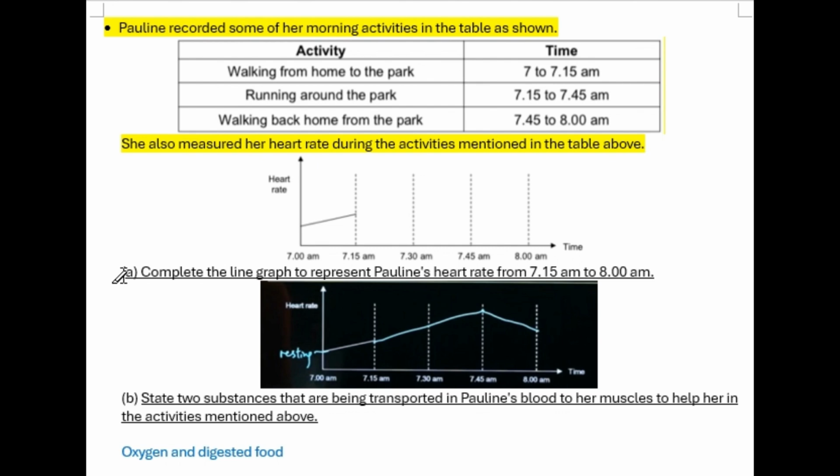A. Complete the line graph to represent Pauline's heart rate from 7:15 a.m. to 8 o'clock a.m. B. State 2 substances that are being transported in Pauline's blood to her muscles to help her in the activities mentioned above. Oxygen and digested food.